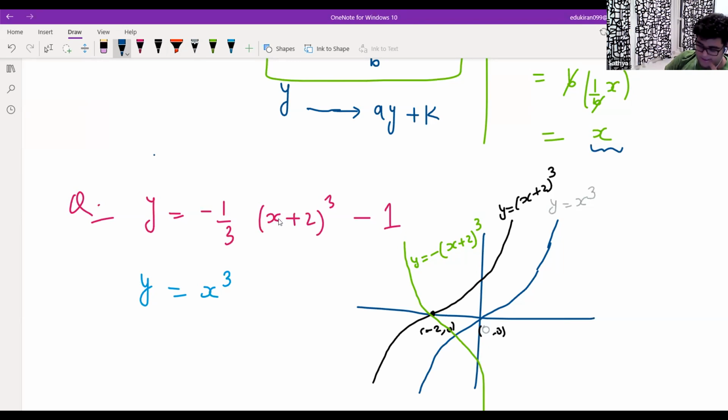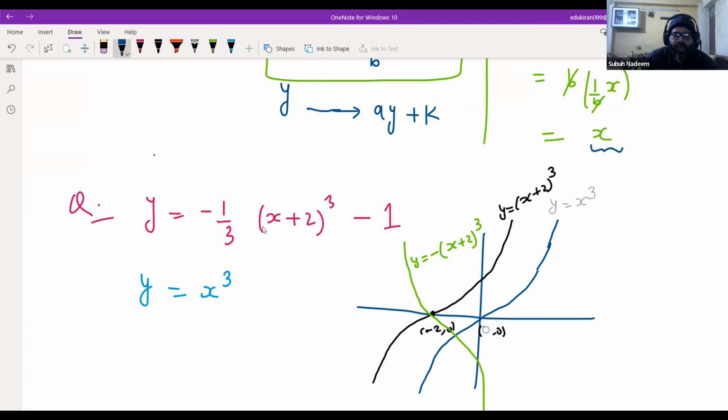Won't that be stretched horizontally or vertically? Along the y, vertically. So won't this be y equals f of ax? No, a of f x.